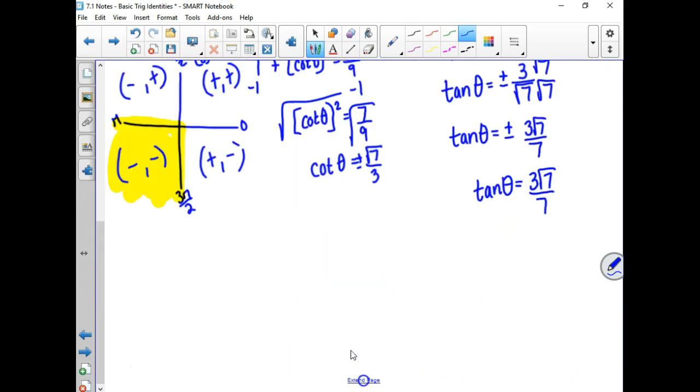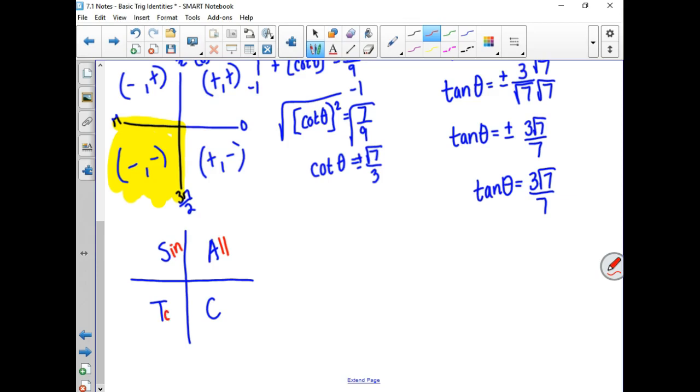Another thing that can help you remember about these quadrants is this. All students take calculus. This tells us the trig identities that are positive in each quadrant. So in the first quadrant, all identities are positive. In the second quadrant, sine is positive.